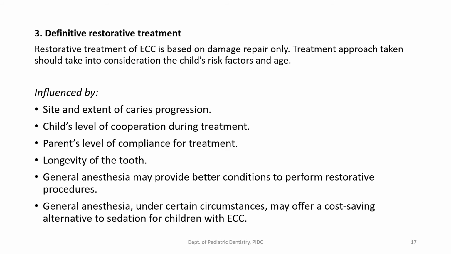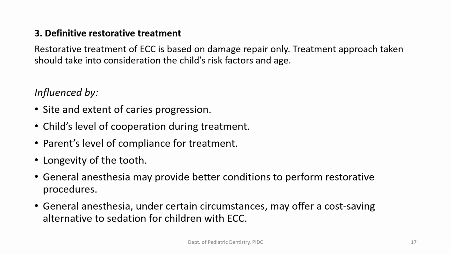We also look at the longevity of the tooth. If the tooth is going to remain in the mouth for more than 1 year, 2 years, we need to do some definitive treatment which will last for more than 2 years. Things like putting a stainless steel crown is one definitive treatment which will allow the tooth to be used by the child for 2 years or more.